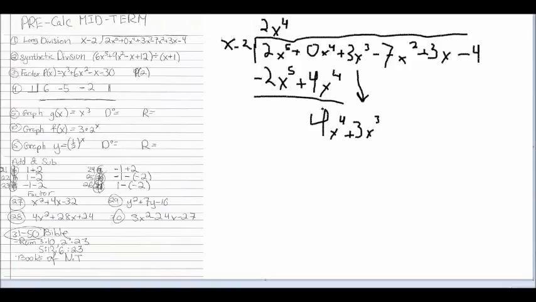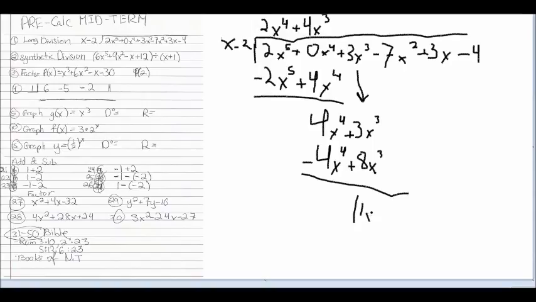Bring down the next one, plus 3x cubed. What we've got to focus on is how to get rid of 4x to the 4th. So that's a positive, so we can add another positive. Let's add 4x to the 3rd power. 4x to the 3rd times x will give us 4x to the 4th, and 4x cubed times negative 2 becomes negative 8x cubed.